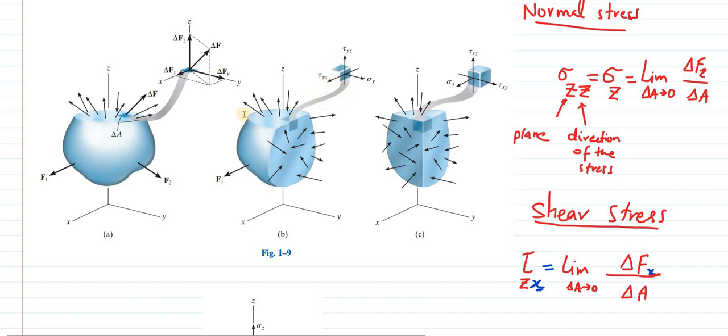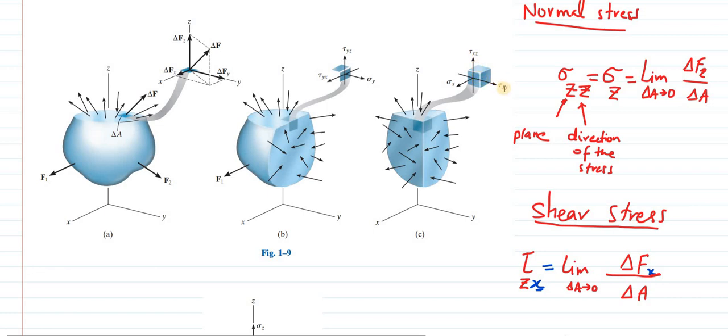If we further cut such that we expose this x plane, and we consider a differential area delta A shown over here, then again we will have three components: sigma x, tau xz, and tau xy.